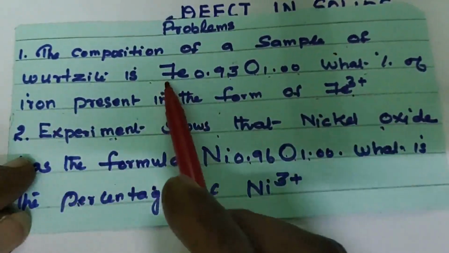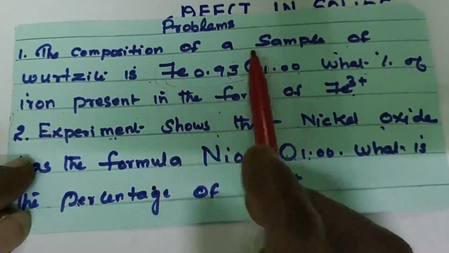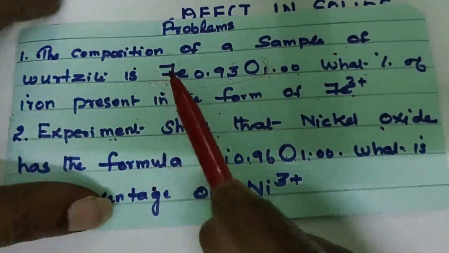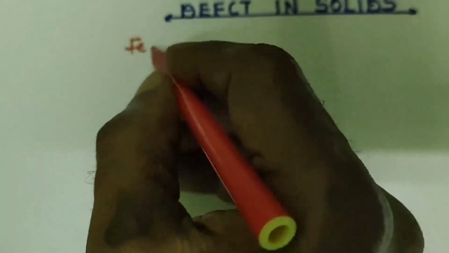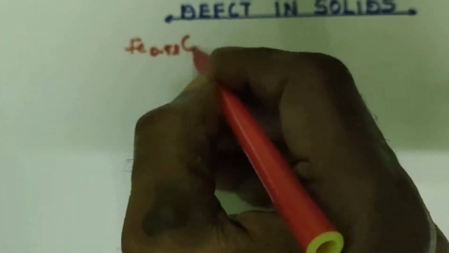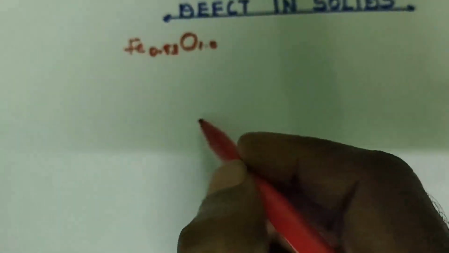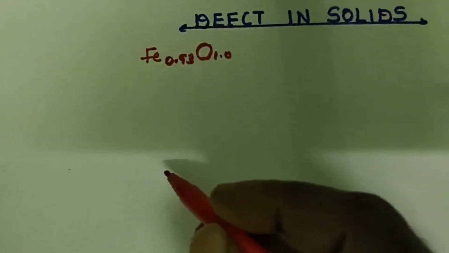So one compound is given, wustite, and its formula is given, Fe0.93 O1.00. From this composition, we have to find the percentage of Fe3+.